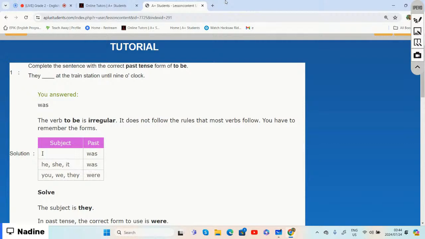All right. So we went over the subject I as well as the past tense was, right?